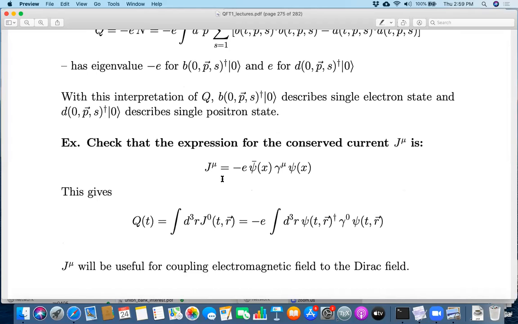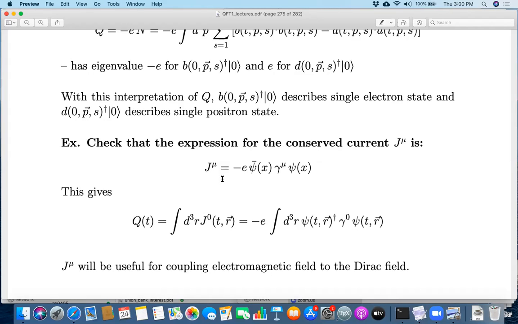Now, once you couple it to A_mu j^mu, then not only the electromagnetic field equation changes, but the Dirac field equation also changes, because j^mu depends on psi, and that changes the psi equation of motion. But what happens here is that the j^mu still remains conserved, even though the psi equation of motion has changed. So that's why you don't have to make any additional effort to make this gauge invariant. It will automatically remain gauge invariant.